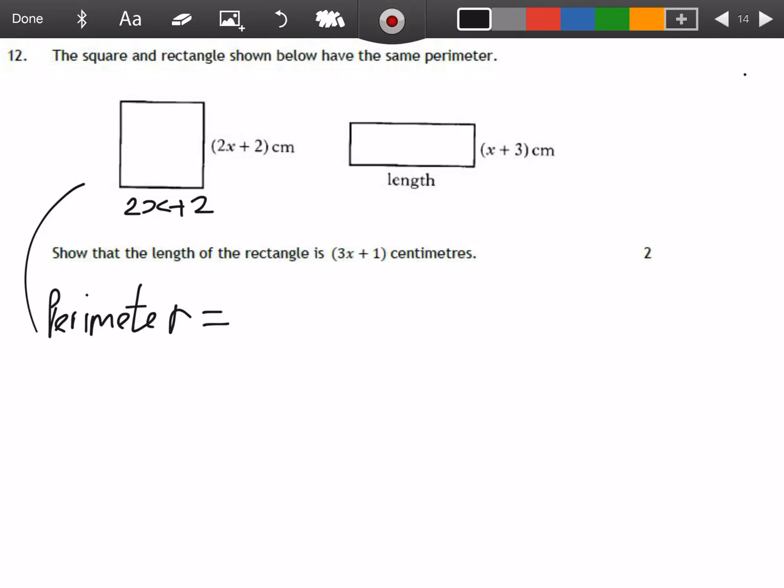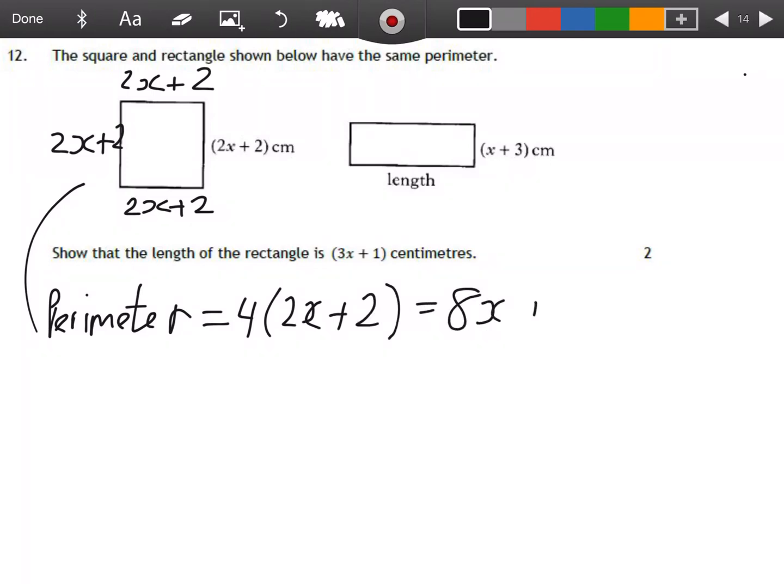So basically you've got a 2x plus 2, a 2x plus 2, another 2x plus 2, and another 2x plus 2. You've got 4 lots of 2x plus 2, or just add up 2x, 2x, 2x, 2x. You've got 8x plus 8. That's the total perimeter of that shape. Now, it tells us the perimeter of the rectangle is the same.